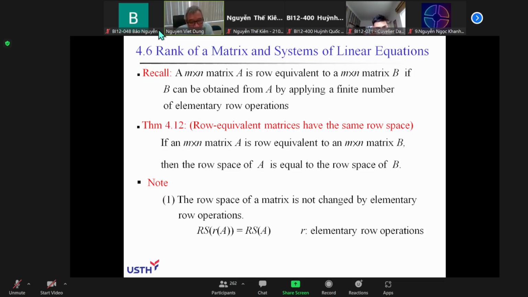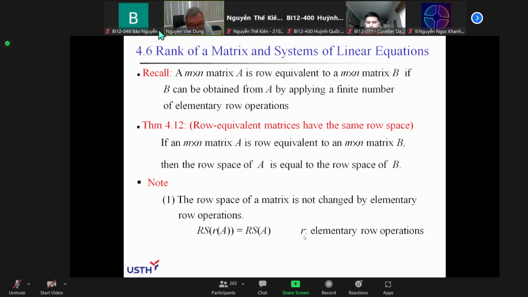Here I can write it in a formula. Suppose that we denote by small a any elementary row operation. Then the row space of A and the row space of a(A), meaning we apply the row operation on A, are always equal to each other.